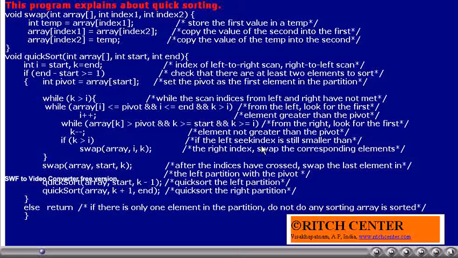So when this while loop condition becomes false and we come out of the while loop, the k value indicates the index of the element whose value is less than the pivot element.